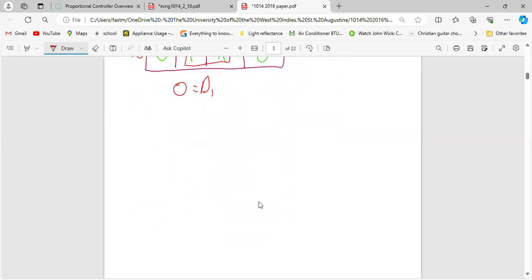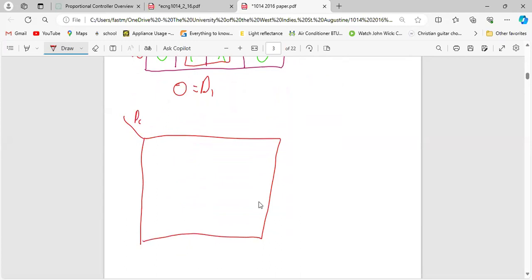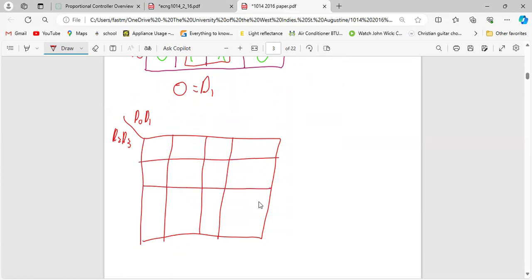So you repeat the same process for even. So you draw the box. Zero, zero, zero, 1, 1, 1, 1, 0. Same thing for the bottom.